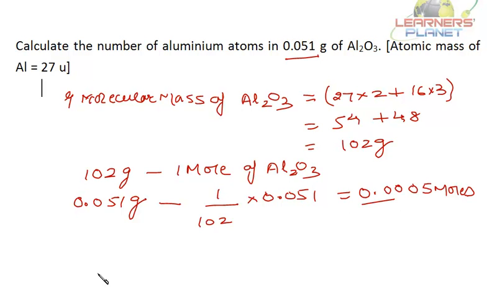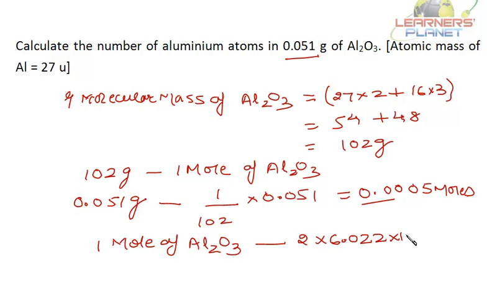So the number of moles is 0.0005 moles. If you calculate this, you'll get this. Now 1 mole of aluminum oxide contains how many atoms of aluminum? 2 into 6.022 into 10 to the power 23 atoms, right?